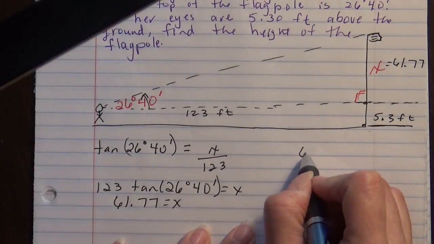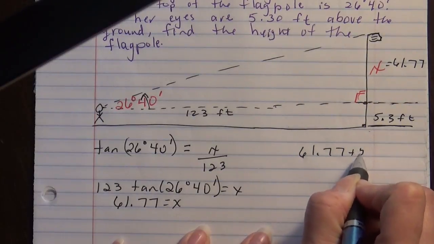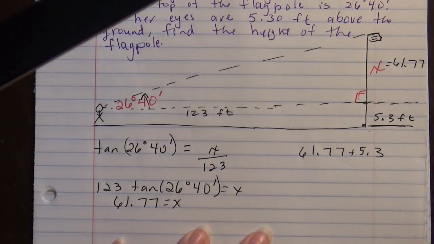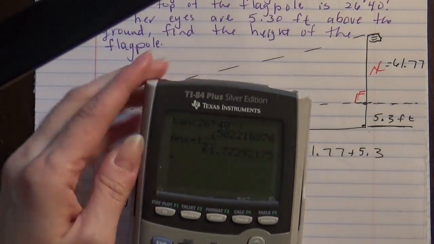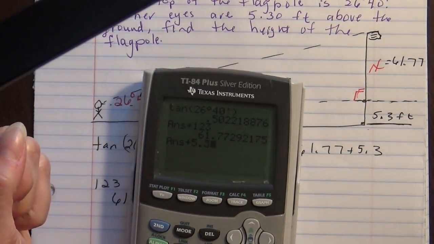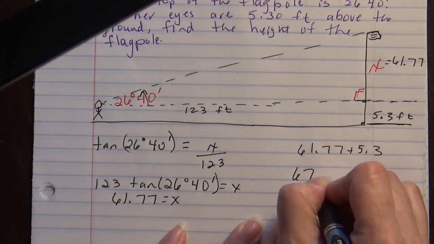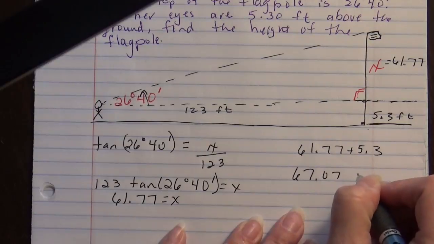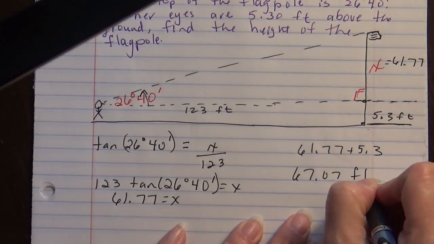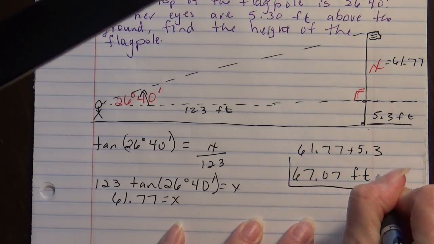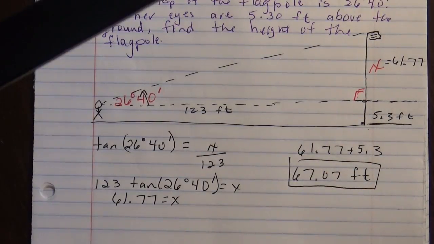So 61.77 plus 5.3 is going to give us 67.07. And this, I believe, was in feet. So the flagpole was 67.07 feet tall.